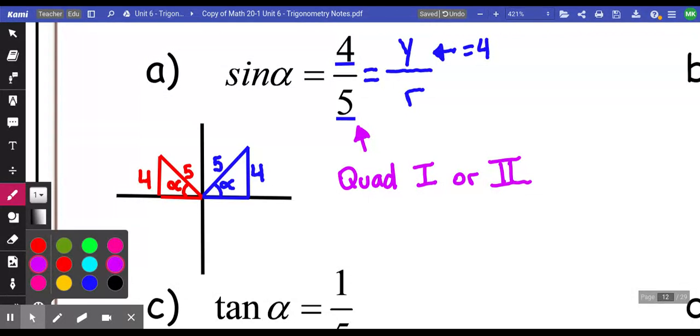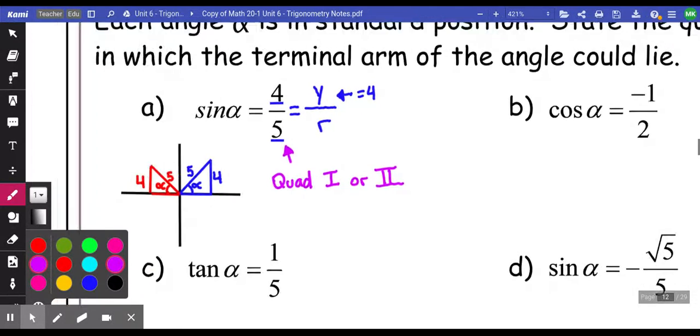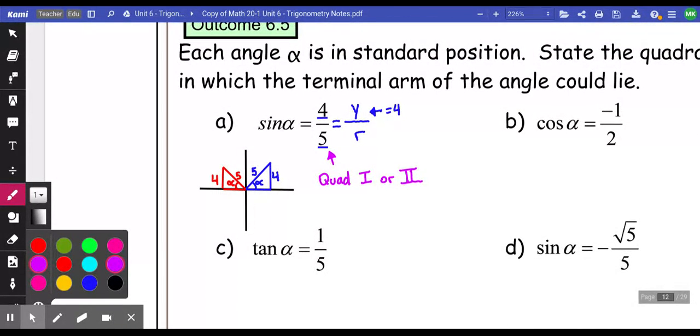We don't know which quadrant it's in. All we know is the y value and the r value. Those triangles both have y of 4 and r of 5. Therefore, both triangles are legitimate. Every time, starting today, that you get a ratio, you need to consider all coordinates it could be built in.